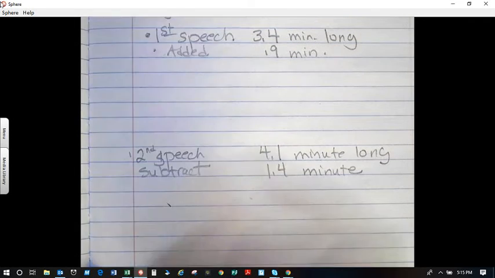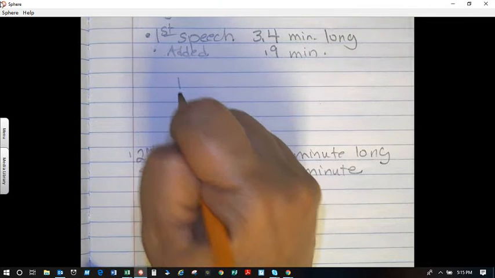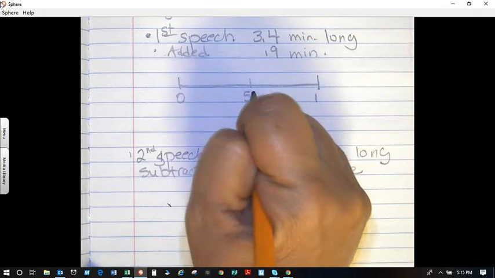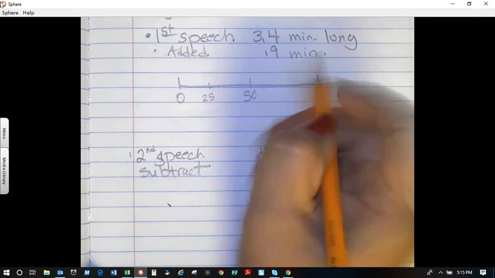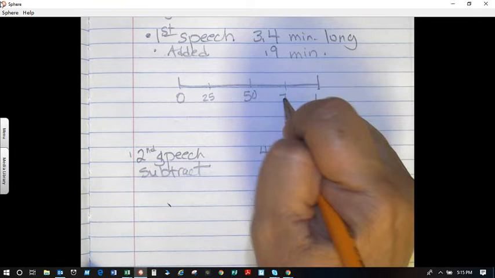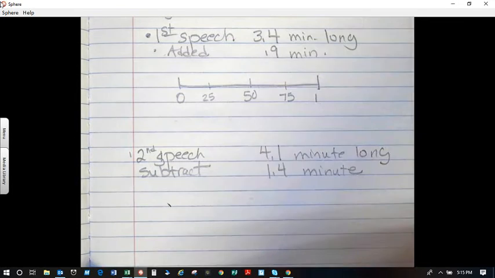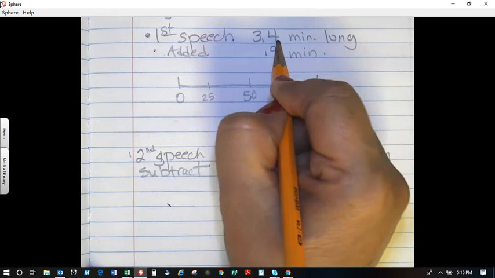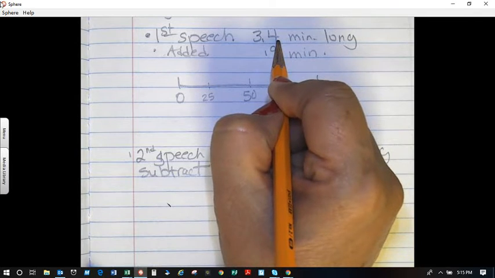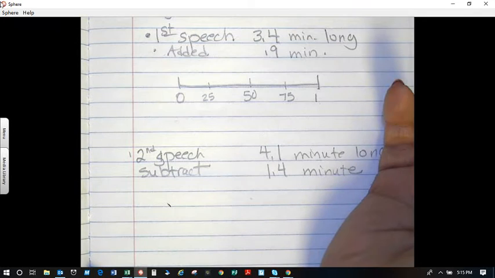Okay, so I am going to make my benchmark 0 to 1. In the middle is 50. Think of quarters, guys. You have 25, 50, 75, and then one whole. If I had to put 40 or 4/10 or 40 cents, think of it that way if that helps you.